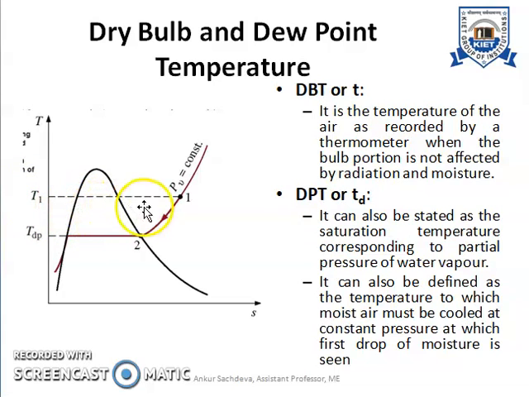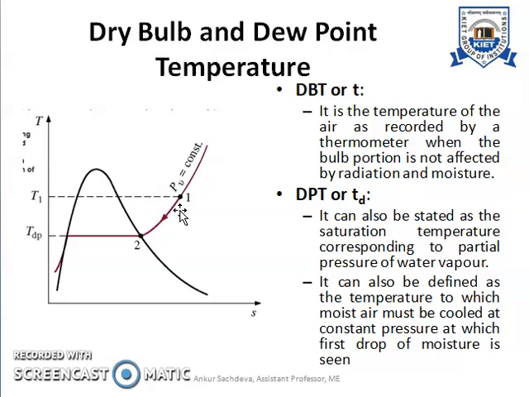Now I told you in the previous class that water vapor exists in superheated condition in the atmosphere. Also in the previous slide we have learned that the total pressure of the outside air is equal to partial pressure of the dry air plus partial pressure of the water vapor.